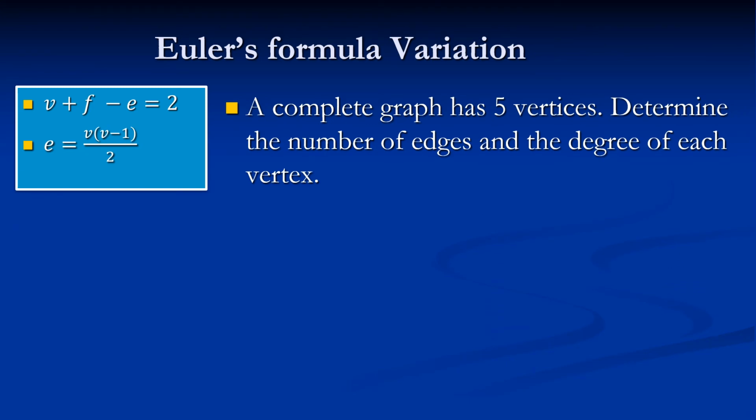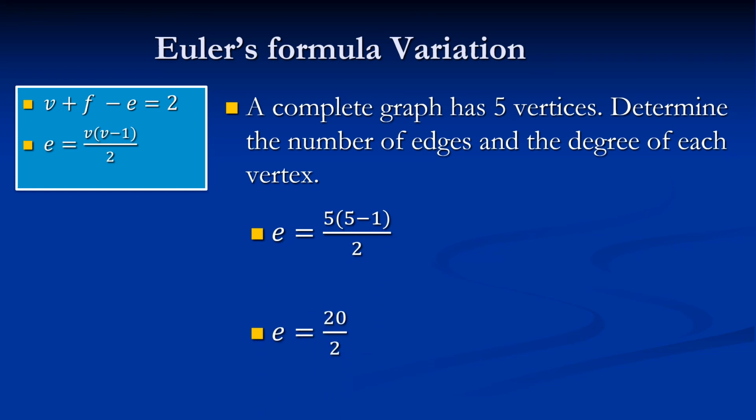If we have a look at using Euler's formula for a complete graph, we're going to use the second formula here. So we've got a complete graph with 5 vertices. So it's essentially a pentagon with all the corners joined together. So we want to determine the number of edges and the degree of each vertex.